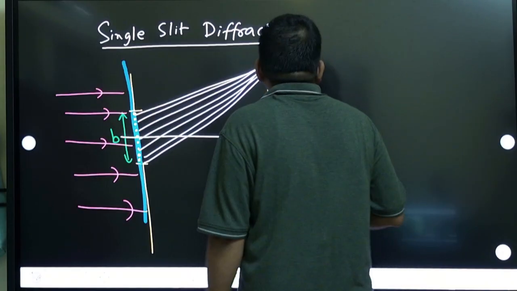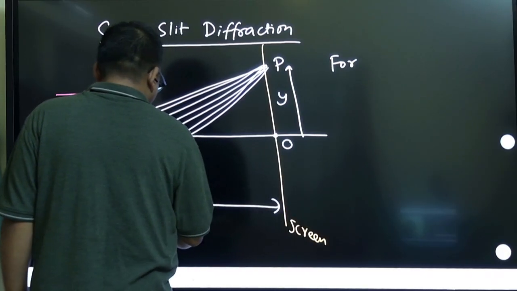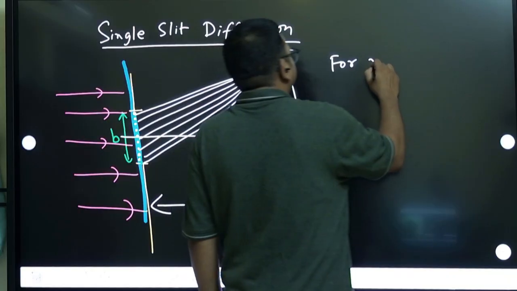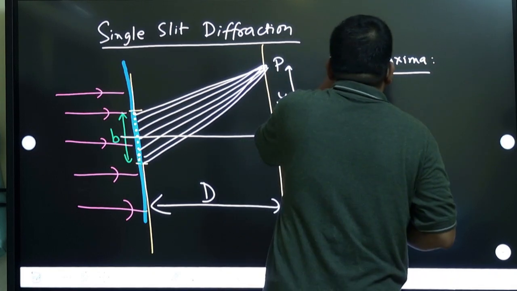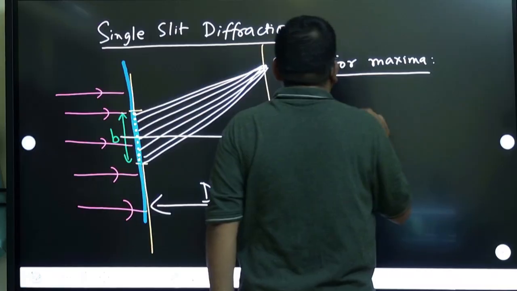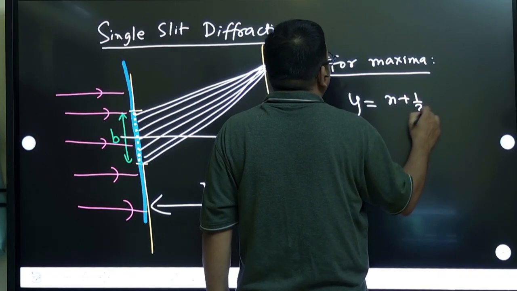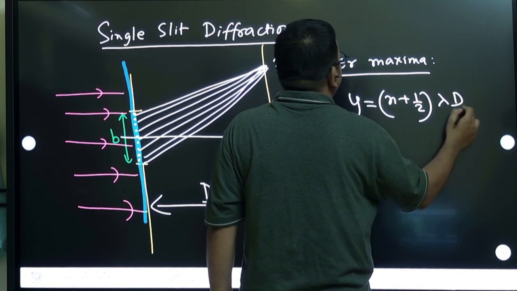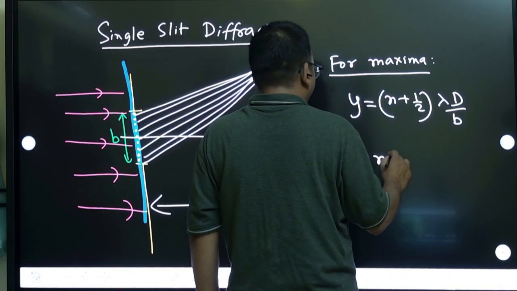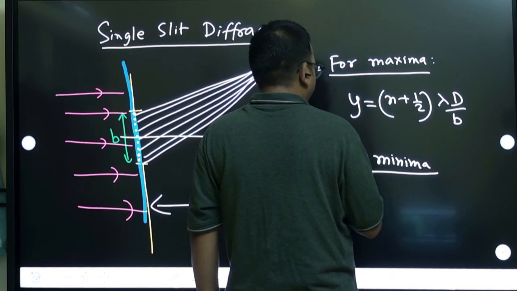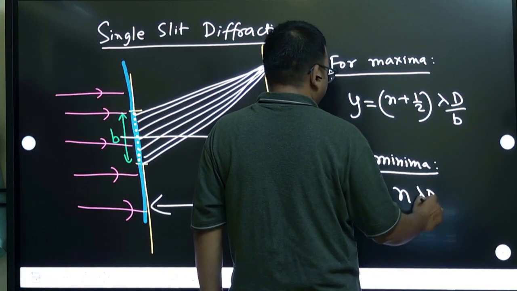The distance between the slit and the screen is D. For maxima, the formula is y is equal to n plus half lambda D by d, and for minima the formula is y is equal to n lambda D by d.